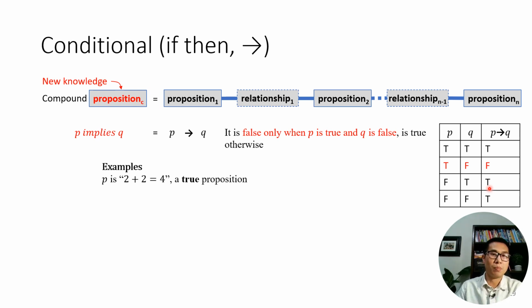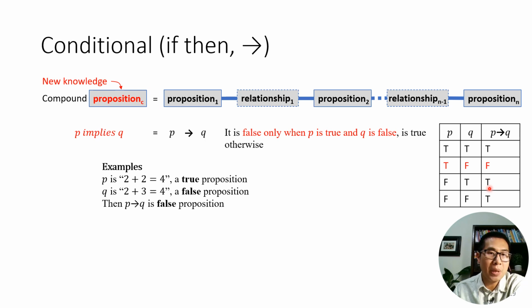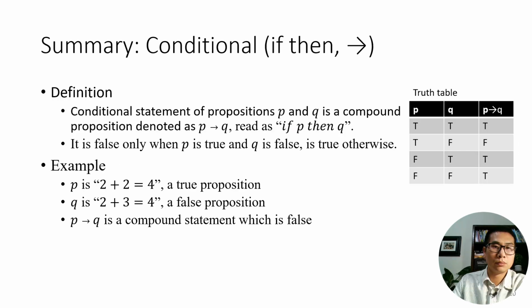If P is 2 plus 2 equal to 4, it is a true proposition. Q is a false proposition. Then P implies Q is a false proposition because it's this line. P is true and Q is false, so it produces false. And this is the summary of the conditional if-then, if you prefer to read it in text.